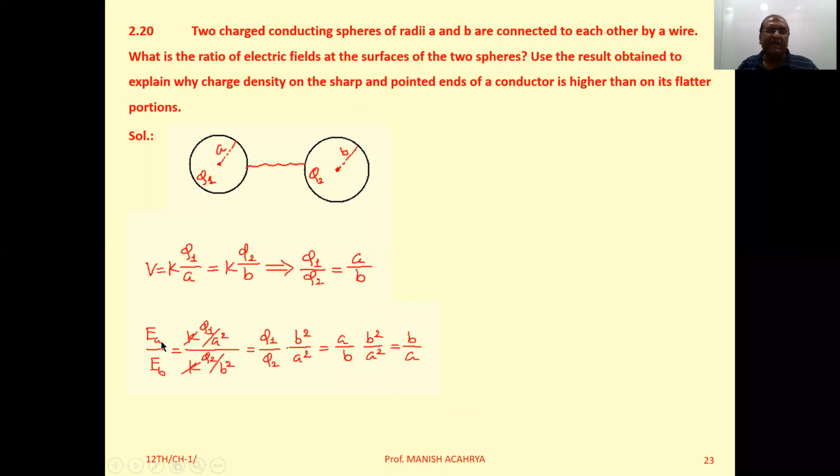So the electric field at the surface of A upon the electric field at the surface of B is equal to K Q1 upon A square upon K Q2 upon B square. K cancelled. So Q1 upon Q2 into B square upon A square. But Q1 upon Q2 is A by B, which we proved. Substitute that value, so A by B into B square upon A square.